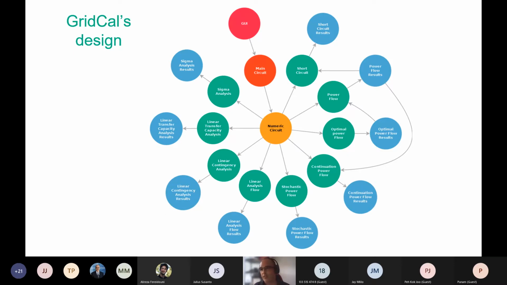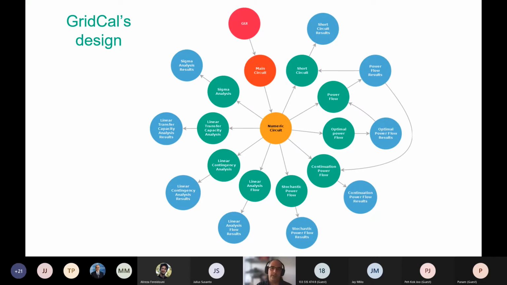And what is the advantage of that? So when I want to run short circuits, one of the inputs is the voltage from the power flow. And then should I have to check if the voltage matches in dimensions with the power flow? For sure not. I know it matches because by design I make it so. So I'm eliminating all waste.